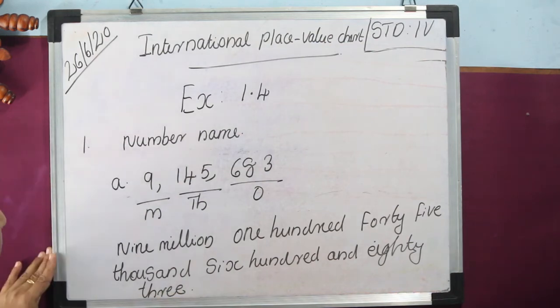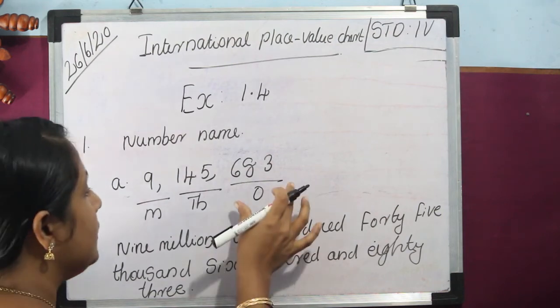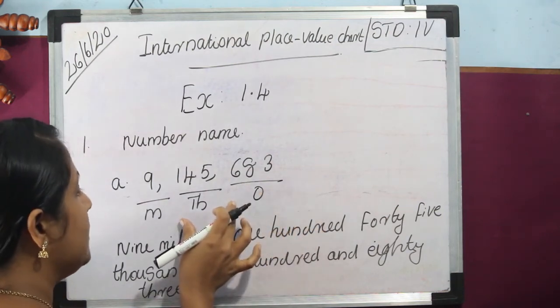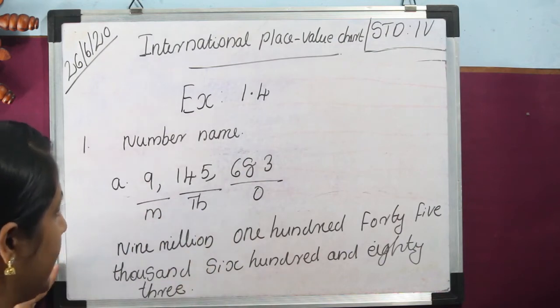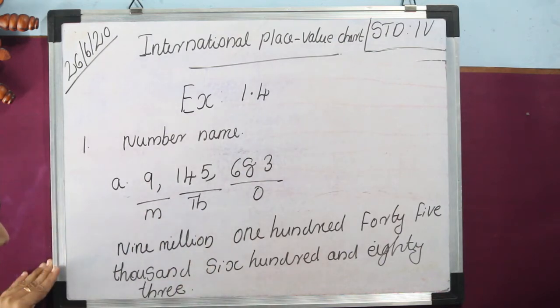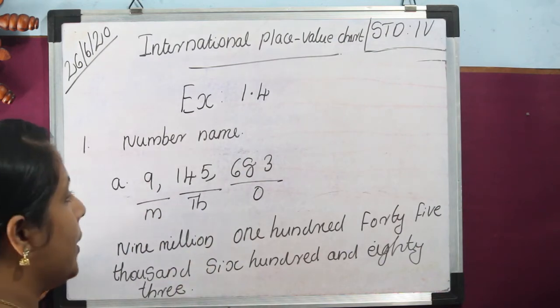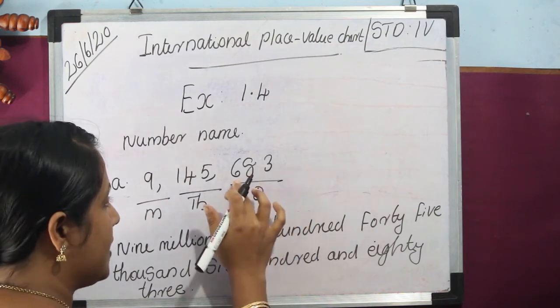Once again, consider the number 9,145,683. Based on the international place value chart, there are three periods. First period is ones, second period is thousand, and third period is million. In the first period, the ones period, there are three places: ones, tens, hundreds.